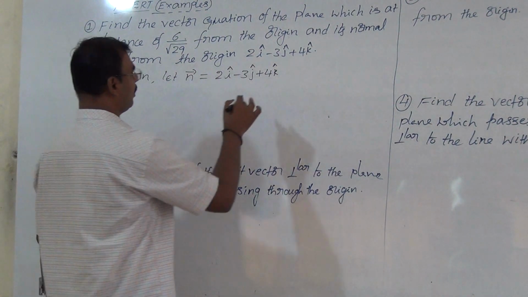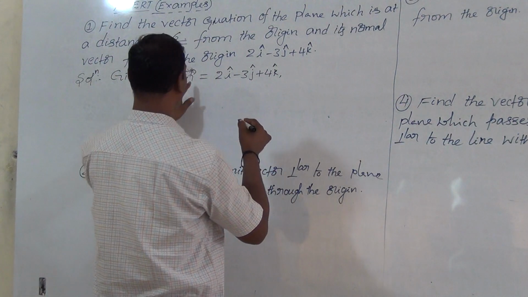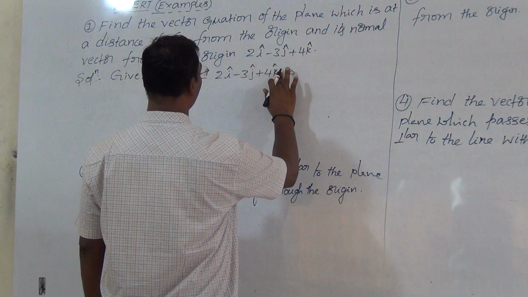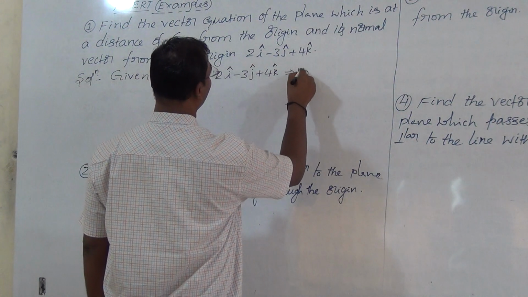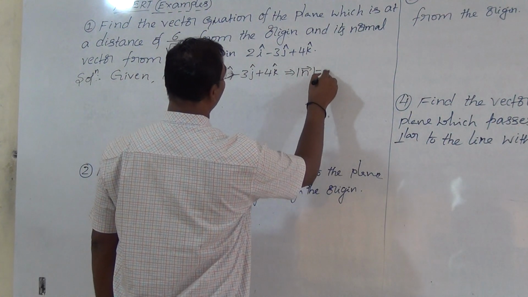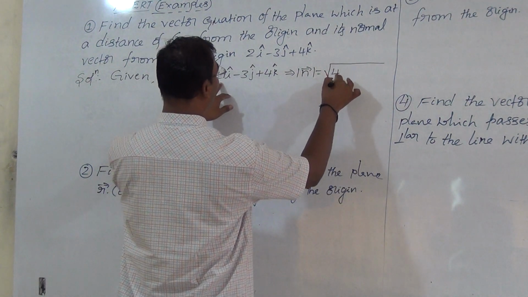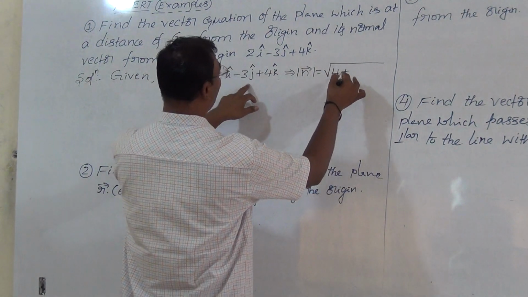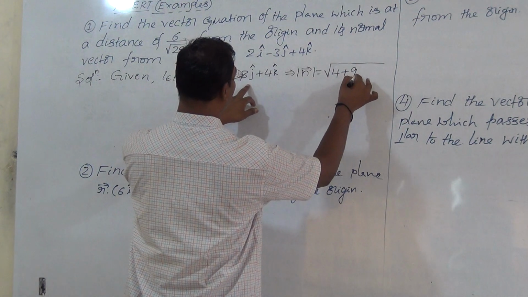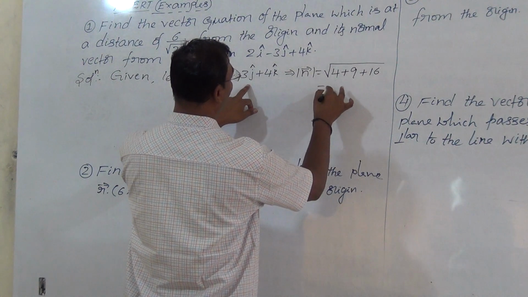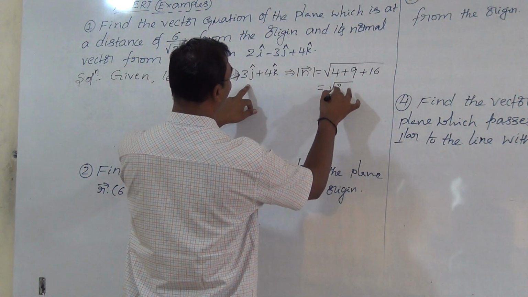N cap is equal to, we know, n bar by magnitude of n bar. So the magnitude of n bar is equal to square root of 2 square plus minus 3 whole square plus 4 whole square, which equals square root of 29.